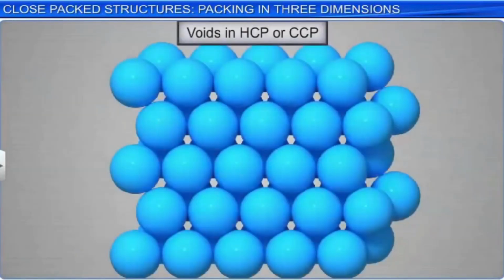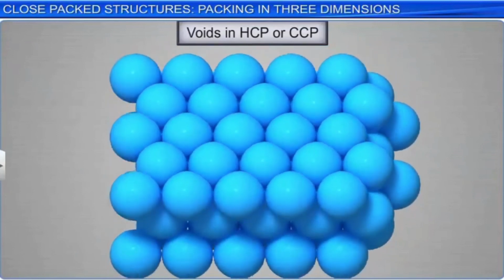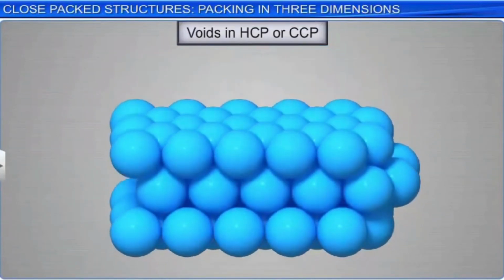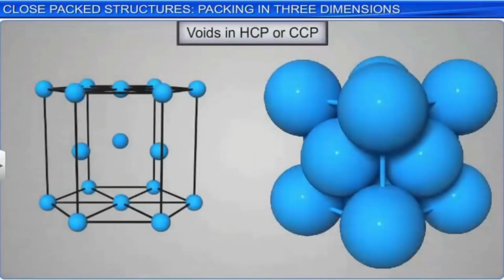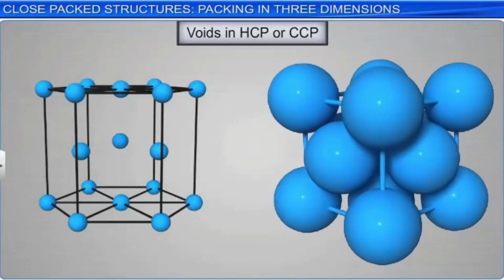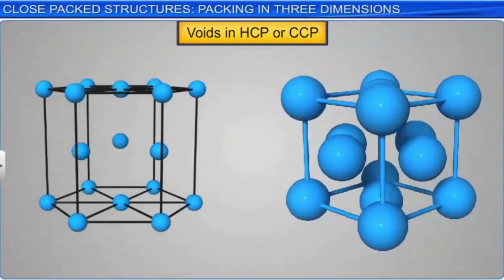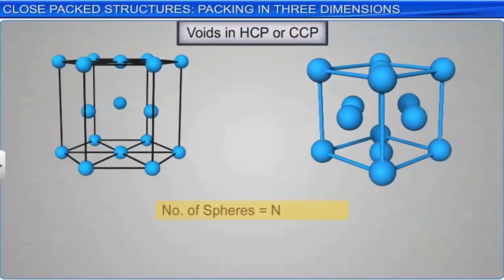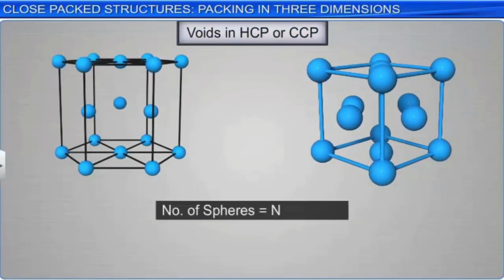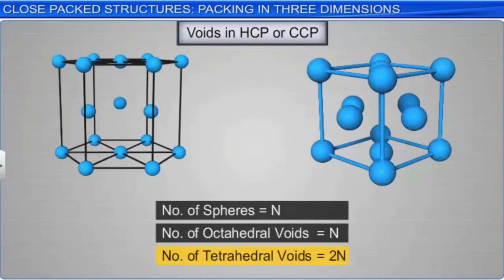Let us now look at the number of tetrahedral and octahedral voids present in these arrangements. In a close-packed structure, whether CCP or HCP, if there are n spheres in the packing per unit cell, then the number of octahedral voids is the same as n, while the number of tetrahedral voids is equal to 2n.